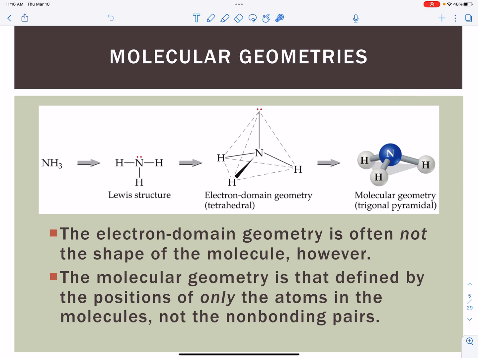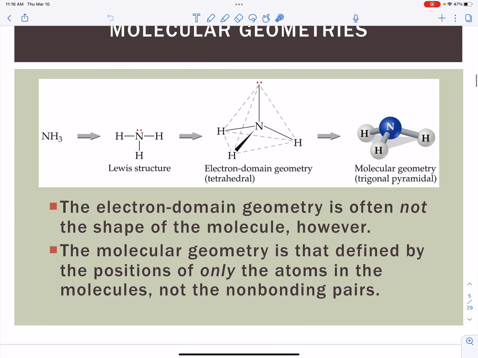And so that's considered trigonal pyramidal for the molecular geometry, because there's a triangle at the bottom, and it kind of comes up to a peak, so it becomes a pyramid. All right, so that's just an example. I'm going to show you more examples of this in just a bit. So molecular geometry, once again, is defined by the positions of the atoms. The lone pairs, the non-bonding pairs, do not get included in molecular geometries.